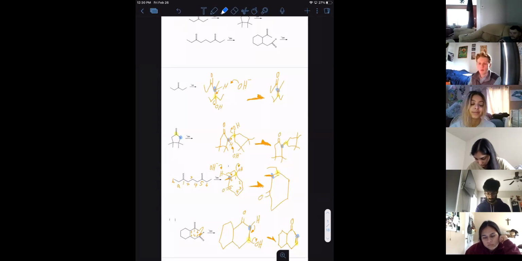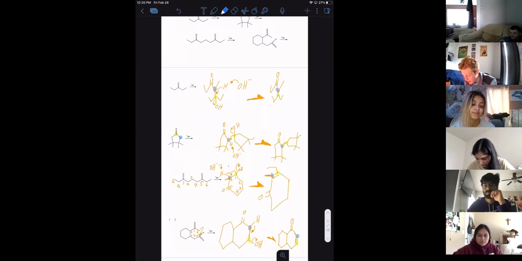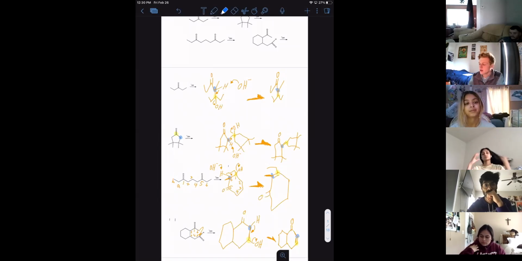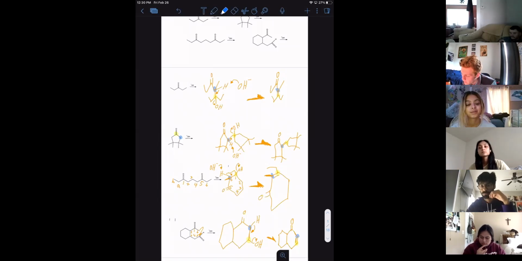Yeah, for the next one, we've got an internal collapse and formation of a ring. I denoted alpha and beta carbons. Okay, we'll worry about those later.